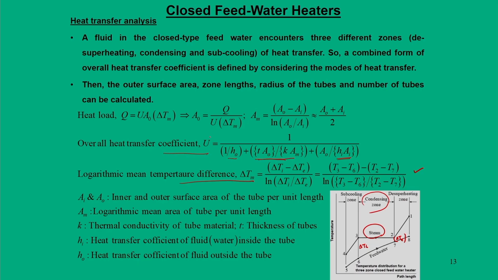So, the overall heat transfer coefficient can be calculated, and the area can be the outer area, or many times we can assume the mean area or logarithmic area, or closely write it as the average area of the outer and inner surface. So, approximations can be made for area. In this way we can do area calculations, LMTD calculations and U calculations separately, and these can be used in these equations to find the heat load.